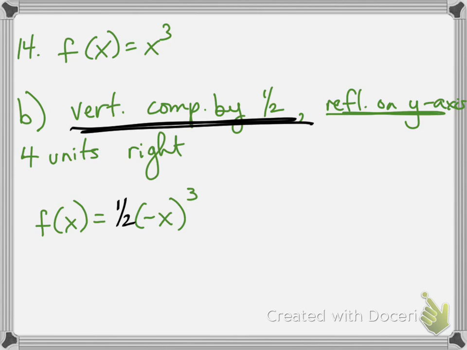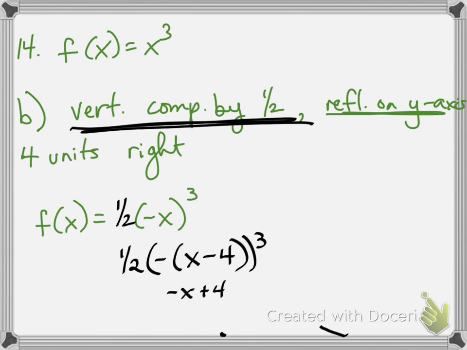And this is where my left-right needs to be inside with the x. And this is where it might be a little bit confusing. I need to do it like this so it can actually be inside with the x. So I have to add that set of parentheses. I know people in second period were saying, but if we distributed, wouldn't that be negative x plus 4?